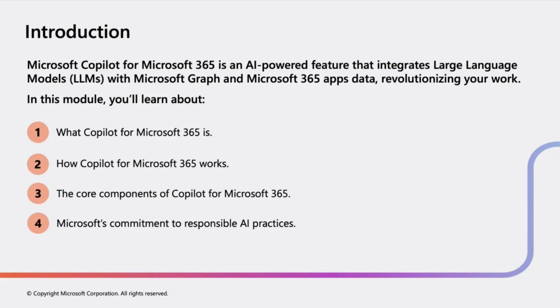So, team, Copilot is there in our M365 environment, and you are already using the applications that are part of Microsoft 365: Word, Excel, PowerPoint, Outlook, Teams. So you are well aware of these applications, right?